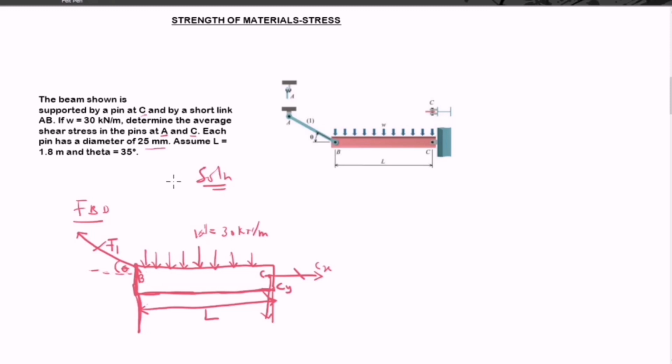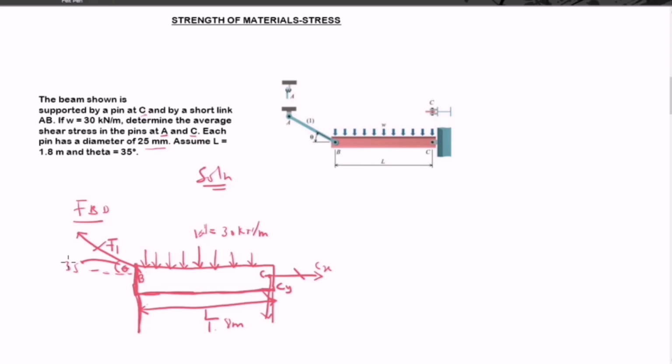Assuming L is 1.8 meters, and theta here is 35 degrees. So what the question is asking us to do is to find the average shear stress.